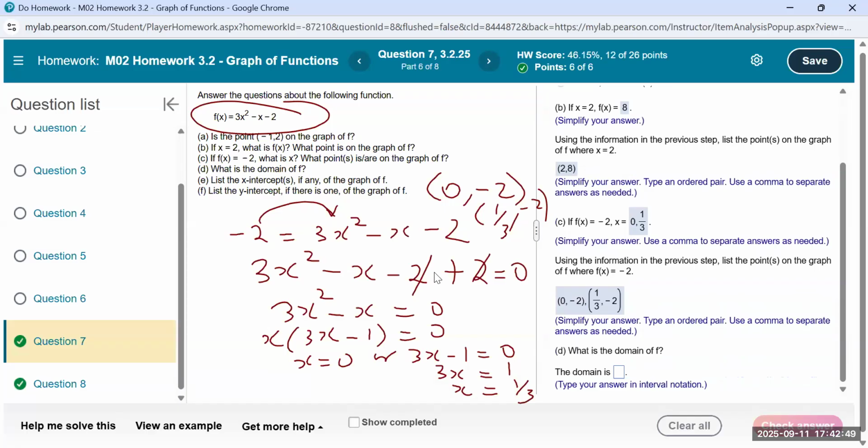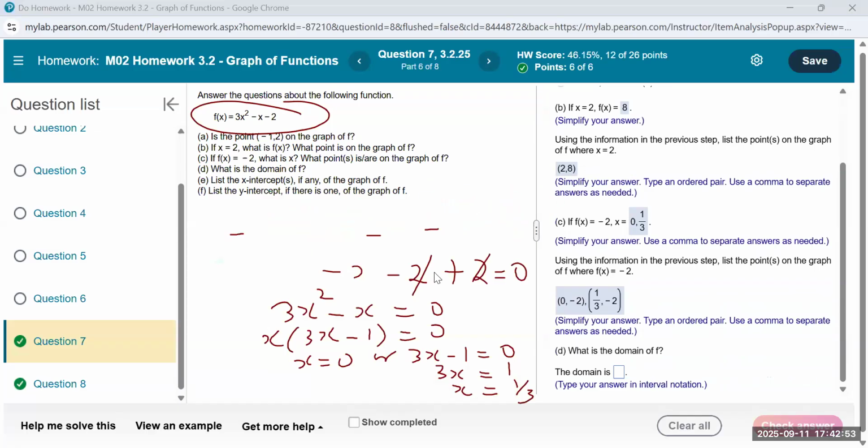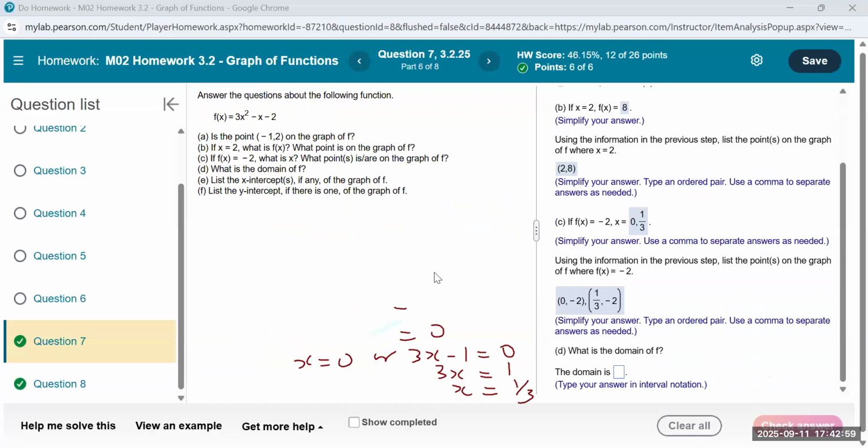Now we need a domain, and one way that is easier when getting the domain is to know this fact: a function has numbers for which it is undefined if it contains a radical.